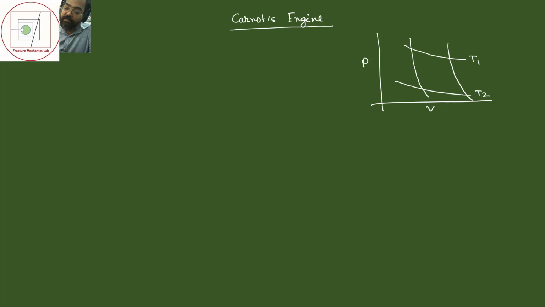But we have to discuss Carnot's theorem. And Carnot's theorem says that the efficiency of all reversible cycles is the same, and it is always greater than the efficiency of any cycle which is not reversible. Okay, so that's the theorem. So this is irreversible.